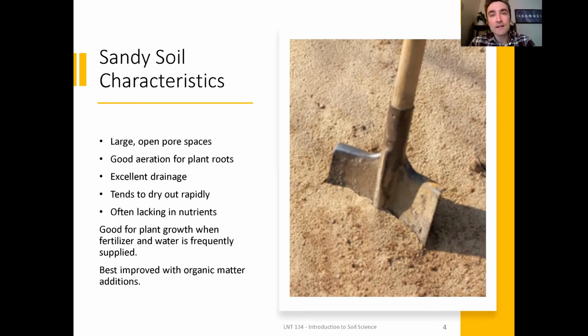So you may lack mineral nutrients in sandy soil. This is good for plant growth as long as you add some kind of fertilizer, and it could be a soil amendment. Organic matter is a great addition because it helps to deal with some of the limitations of sandy soil. But in general, sandy soil is excellent to grow in.